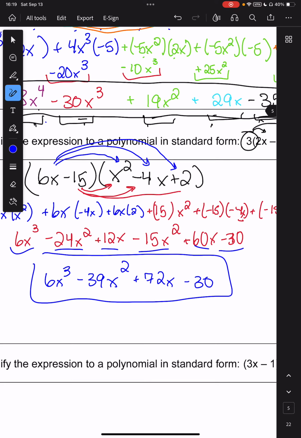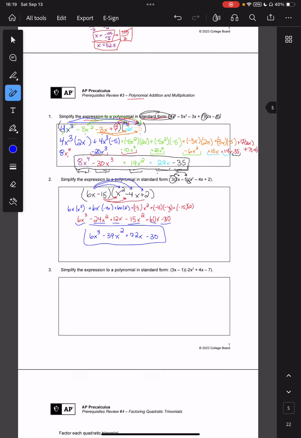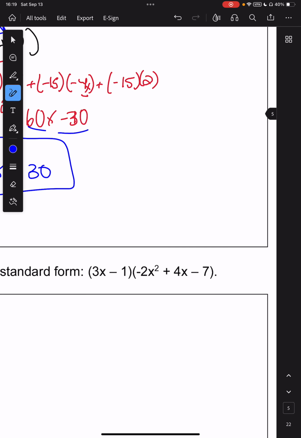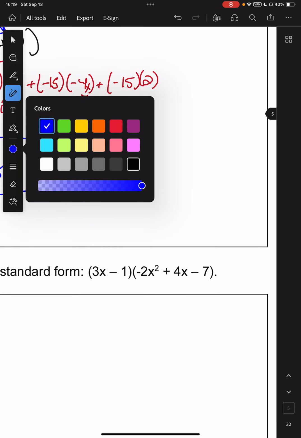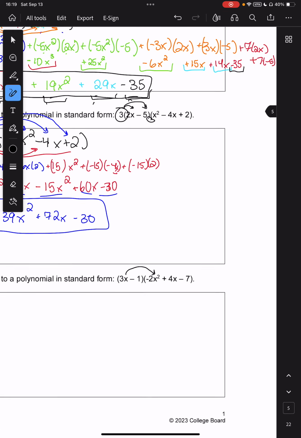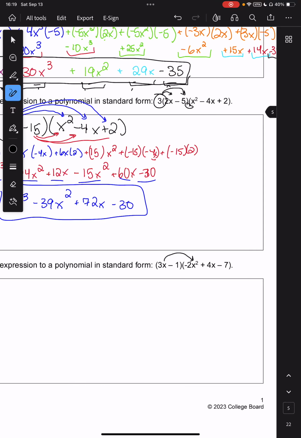Okay. Now, our question number 3 is just like we did above, a 2 by 3, but we're not going to distribute anything in the front. So we need to distribute our 3x to our negative 2x squared. 3x times negative 2x squared.